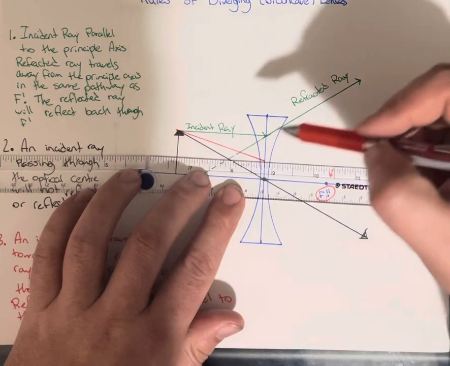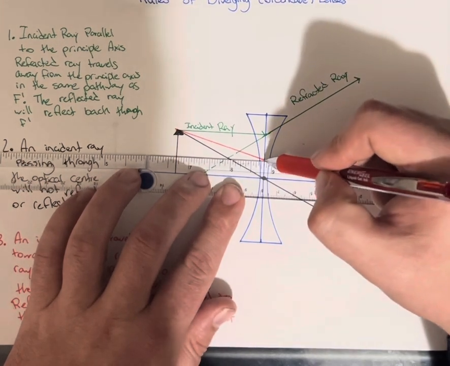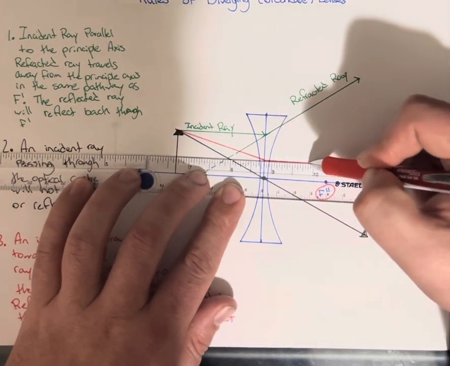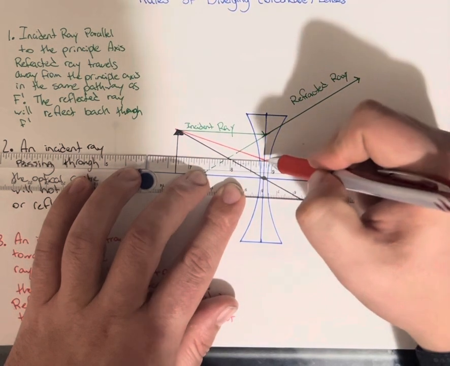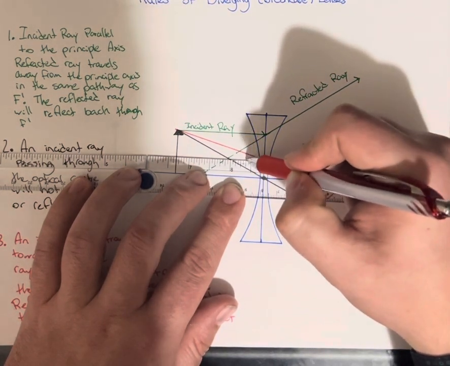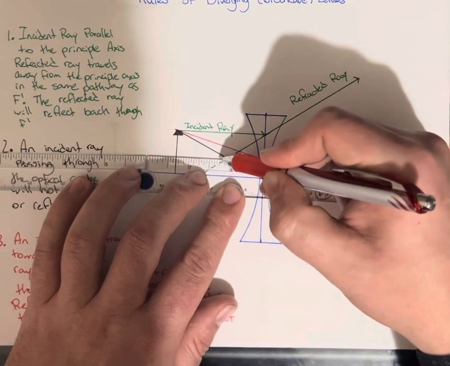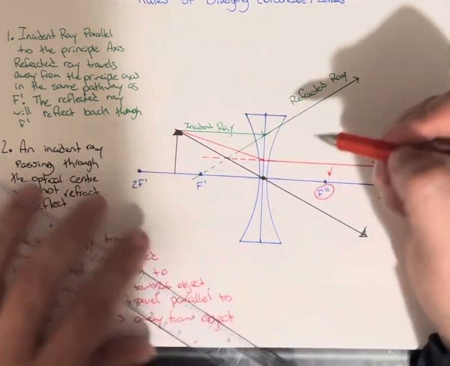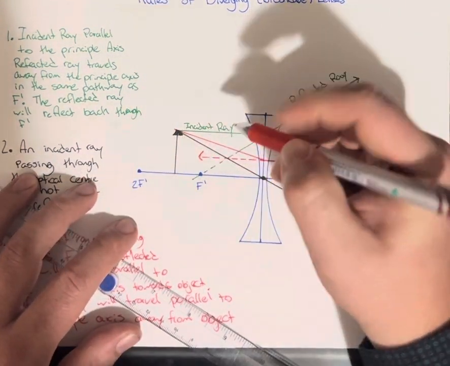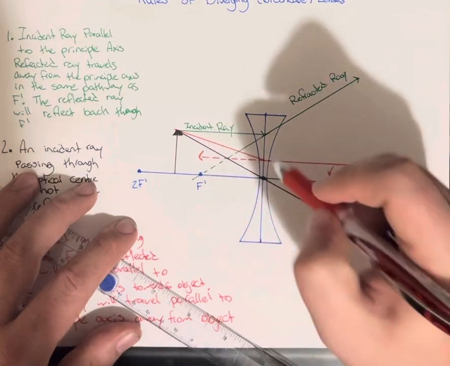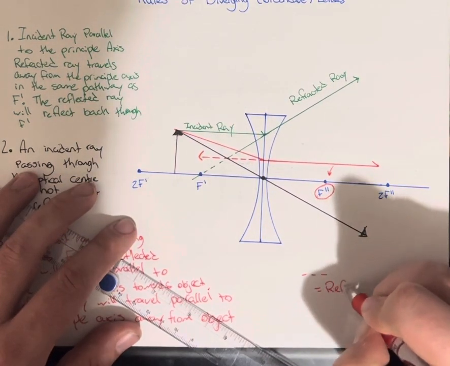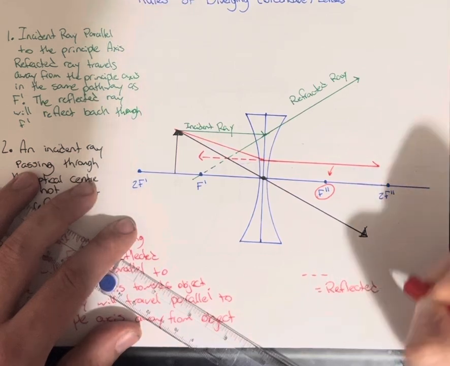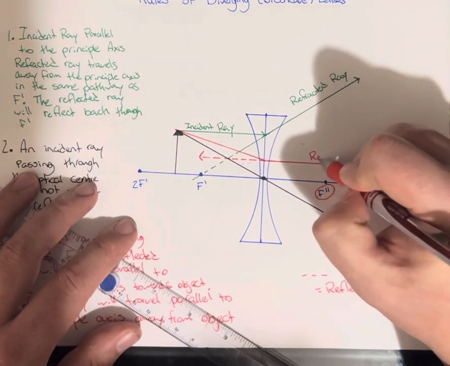The refracted ray is going to continue parallel to the principal axis, away from the object, whereas the reflected ray is going to travel back towards the object. Remember, these dotted lines are reflected, and this ray here is refracted.